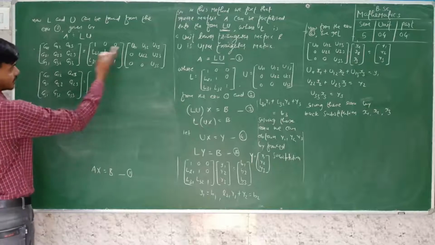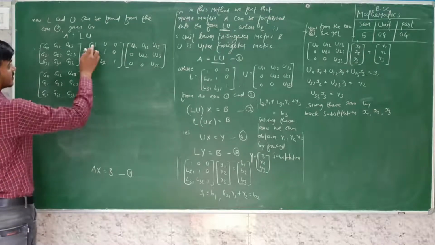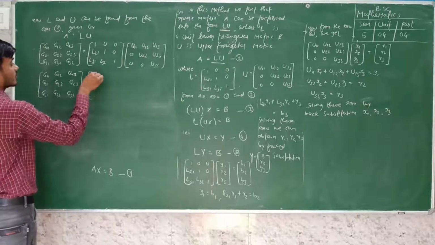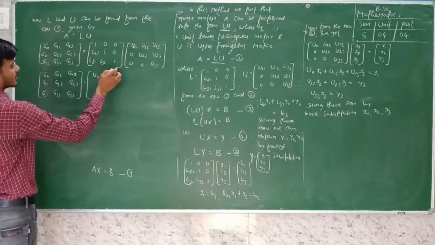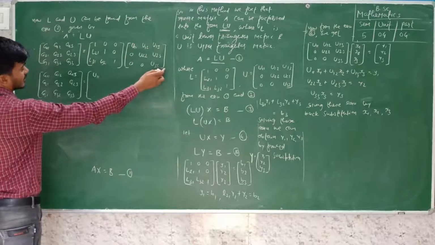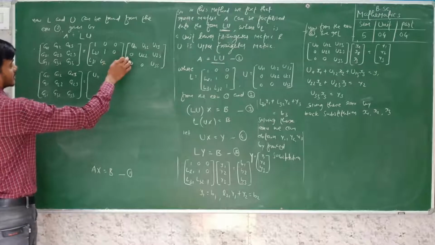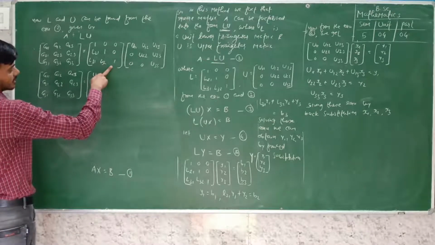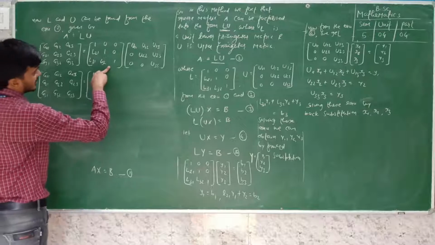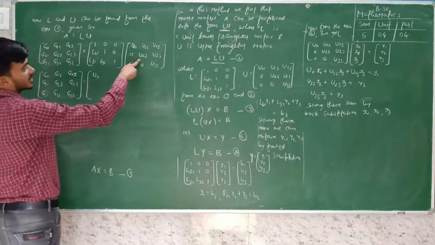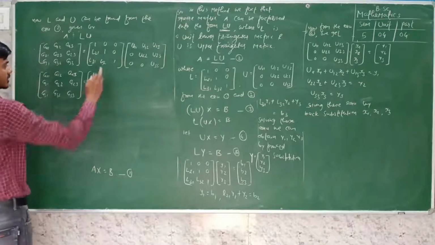Multiplication of these two matrices: 1 into U11, so U11. Here it is a 3 by 3 matrix, so the multiplication exists because the columns of the first matrix, 3, and the rows of the second matrix, 3, are the same.